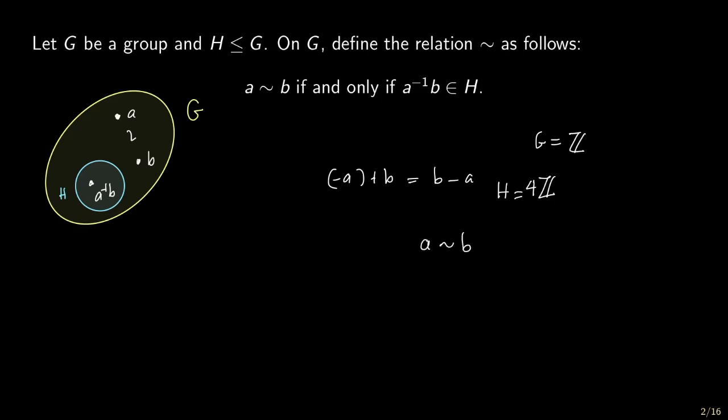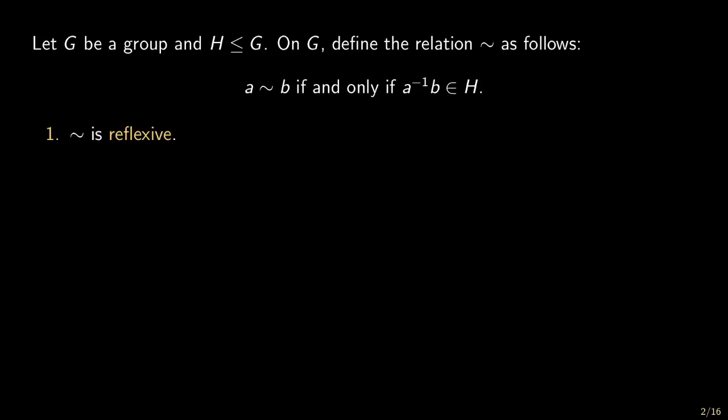In this case, A is related to B if and only if B minus A is in 4Z, or we can say that 4 divides B minus A. Remember, this relationship is called congruence modulo 4. You can say that A and B are congruent modulo 4 if their difference is divisible by 4. So that is the relation when we give a particular example.